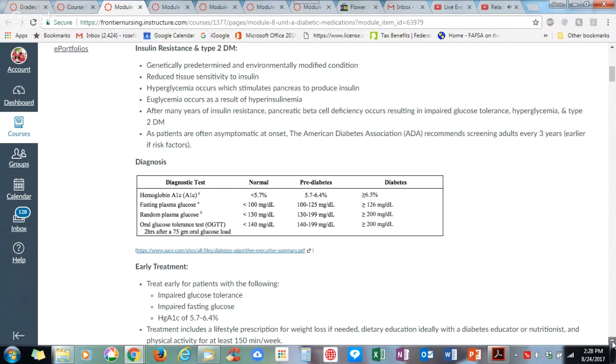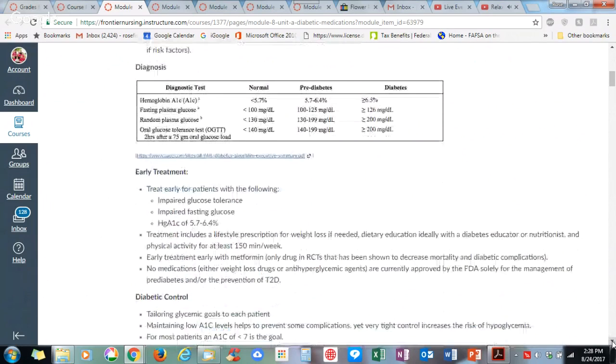Diagnostic tests: hemoglobin A1C. Normal is less than 5.7, pre-diabetic 5.7 to 6.4, and a diagnosis of diabetes will be greater than or equal to 6.5. Fasting plasma glucose: normal is less than 100, pre-diabetic 100 to 125, and equal to or greater than 126 equals diabetes.